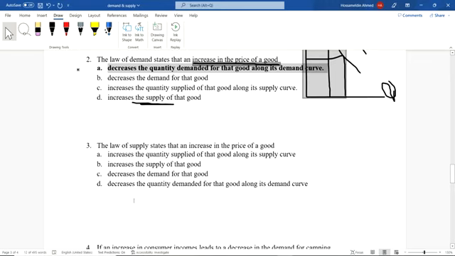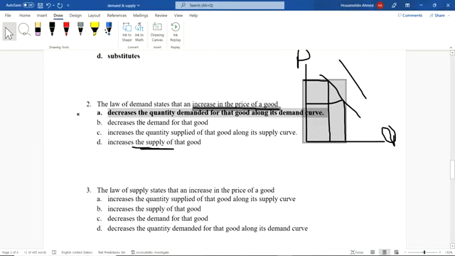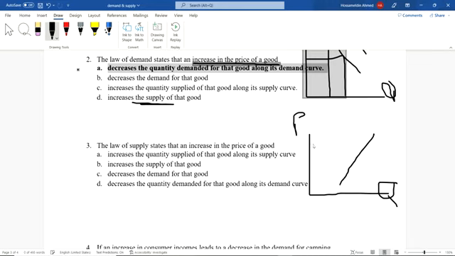Number 3, the law of supply states that an increase in the price of a good. Here is the counter of the number 2 point. Number 2 was talking about the demand curve, while number 3 is talking about the supply curve. In our graph, prices are on the vertical axis, quantity is on the horizontal axis, and the supply curve is here.